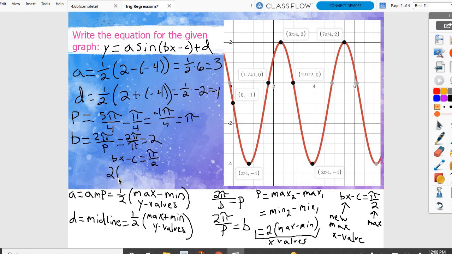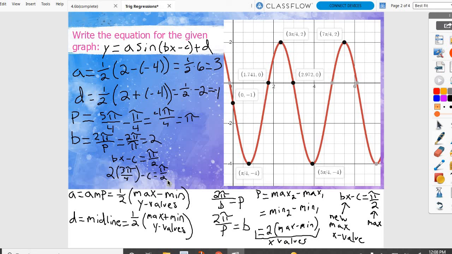And for my x value, I want to plug in the new maximum x value. So where does our graph have a new maximum? 3 pi over 4. So that's what I'm plugging in for x. Now, how many variables are left? Just one. So can we solve that equation now?